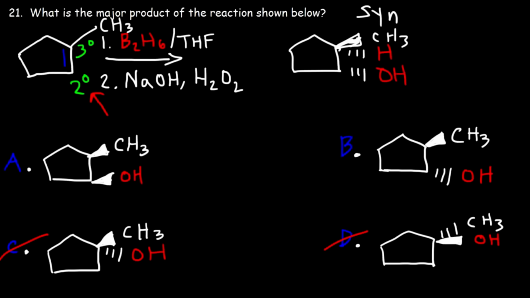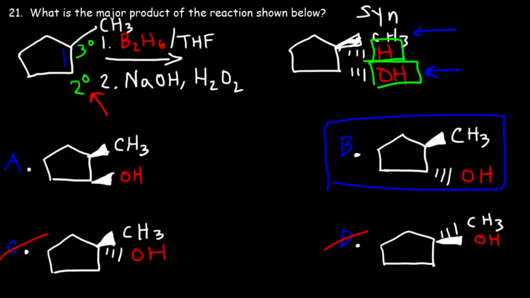So this reaction is syn addition with respect to the hydrogen and the OH group that are added across the double bond. But it's trans if you compare the OH group and the methyl group. So therefore, the correct answer is answer choice B. So the reaction is syn addition, but it's syn with respect to the H and the OH.